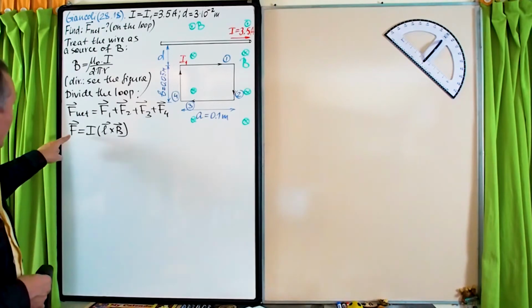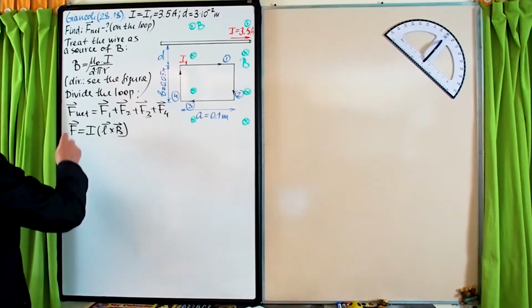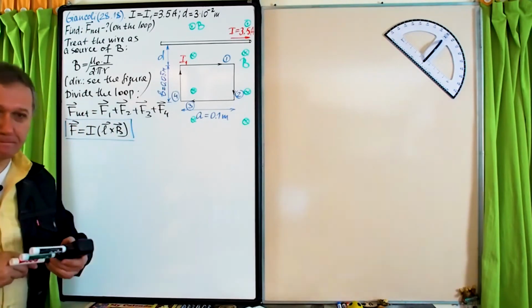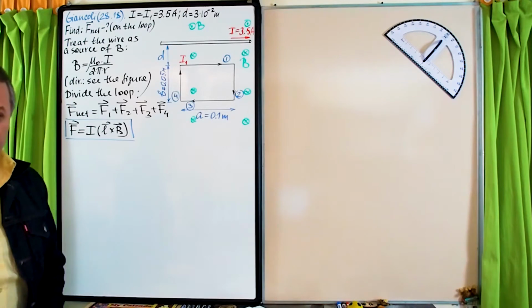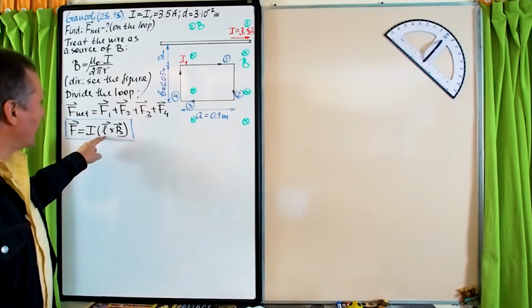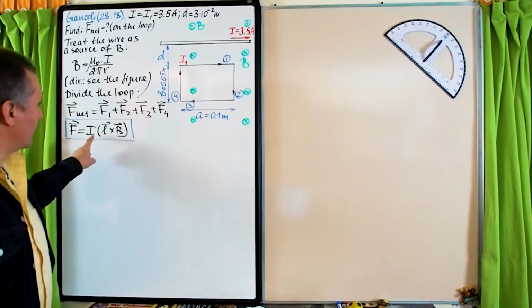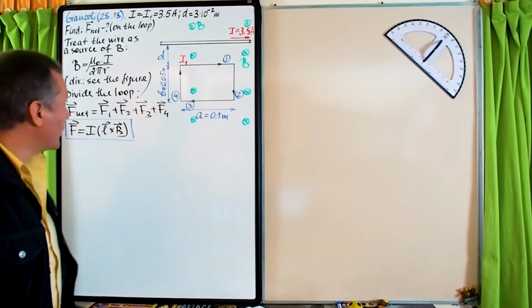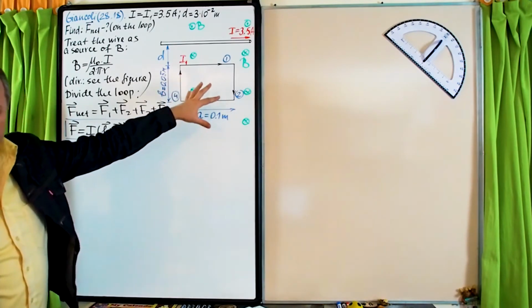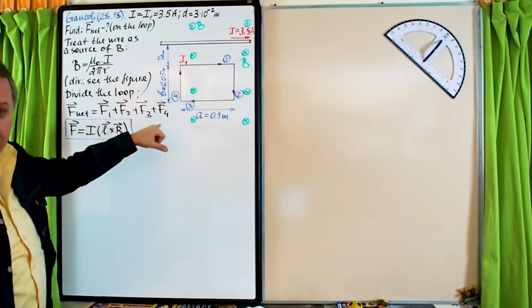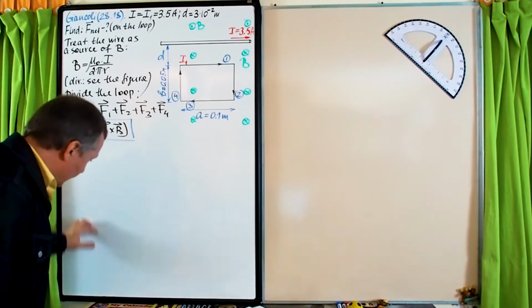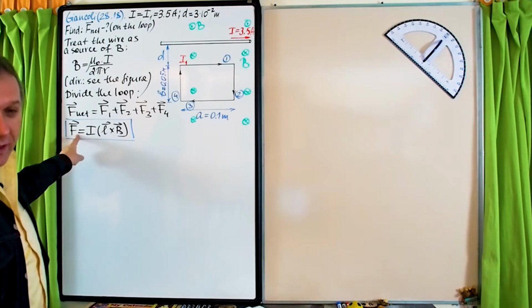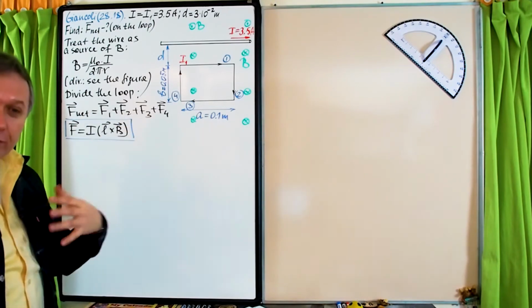Maybe I should frame this, because this is just a formula which gives us the magnetic force acting on a wire of length L, with a current I, exposed to this magnetic field B. Okay, so let's find the directions of these forces, F1, F2, F3, and F4. Then, of course, I will write the magnitudes of all these forces. So let's first take care of the direction.